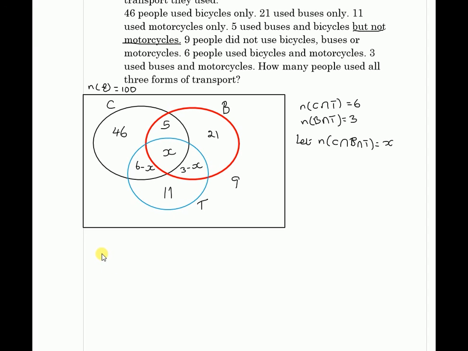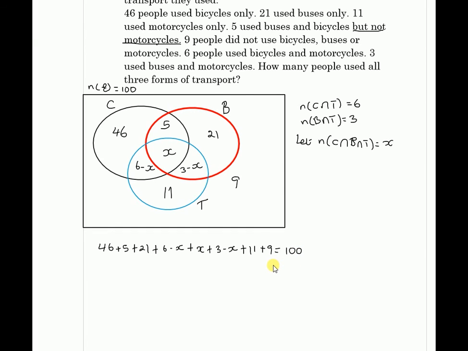So we shall have 46 plus 5 plus 21 plus 6 minus X, then plus X plus 3 minus X plus 11 plus 9. We are adding everything inside the circles and even that 9, to get us 100.